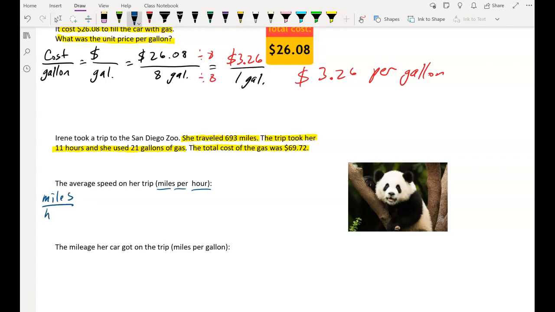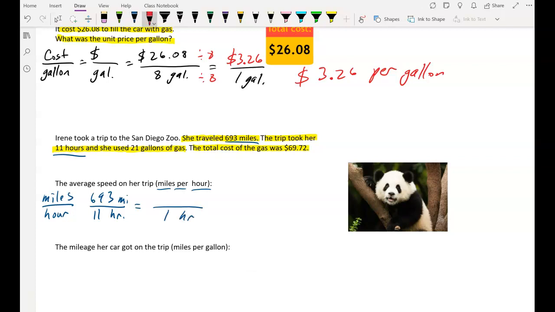Miles per hour. Okay, she traveled 693 miles, and she did that in 11 hours, according to the problem. So, how much is that for 1 hour?